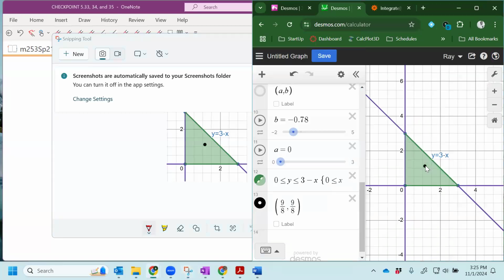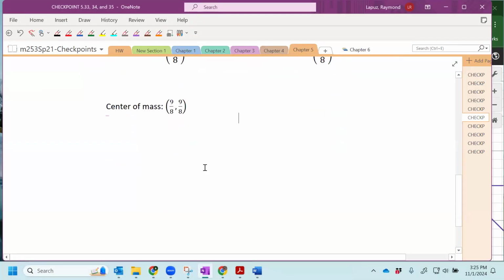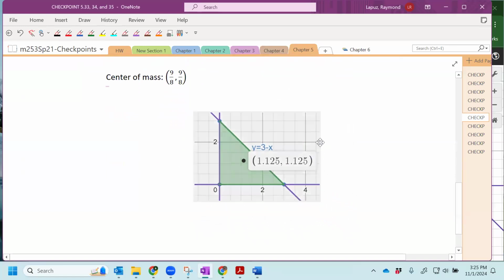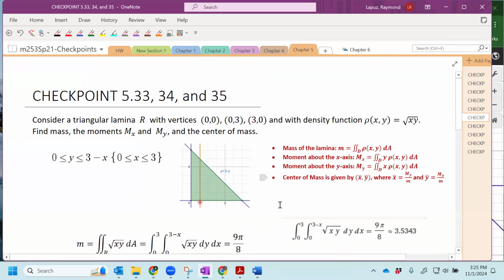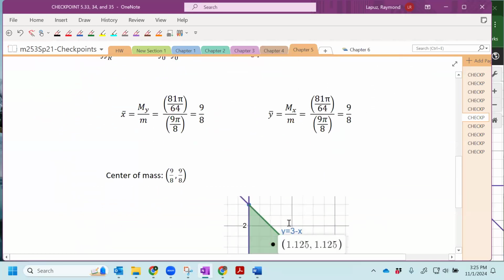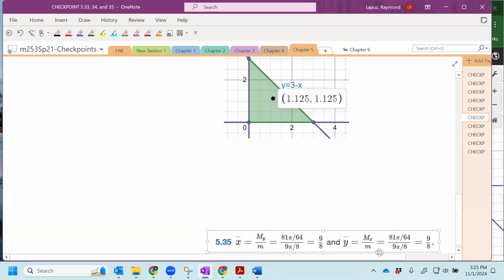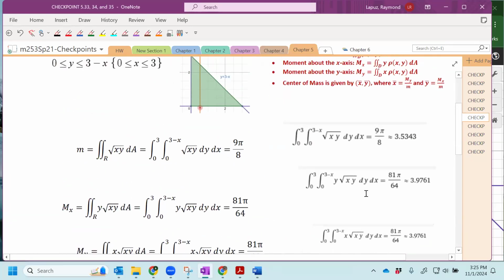Let's identify it. There we go. All right, that's it. We got 3 checkpoints figured out here, and we have all the results listed. And this is the answer that's found in the back of the book, by the way.